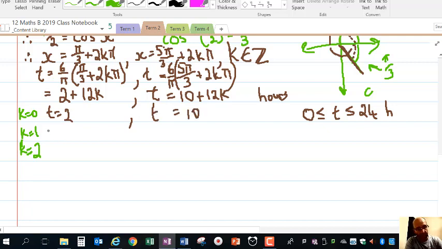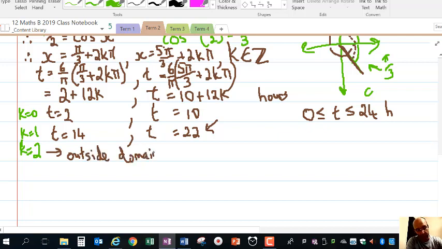When k is 1, we have t equals 12 plus 2 is 14 hours, or t equals 10 plus 12 is 22 hours. Now we're getting pretty close to the edge of the domain. If we had another 12 on there, we'd be beyond 24. So both values for k equals 2 are outside the domain. They're too big, so we reject anything beyond that.